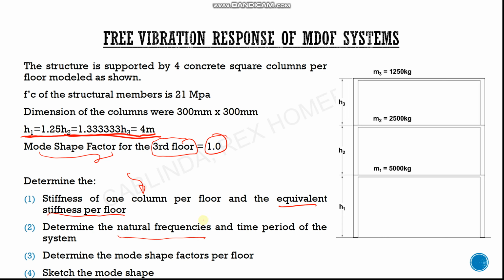Take note this is in plural form, frequencies, because in an MDOF system there are multiple frequencies. The pattern is that the number of floors is also the number of frequencies and the number of periods.